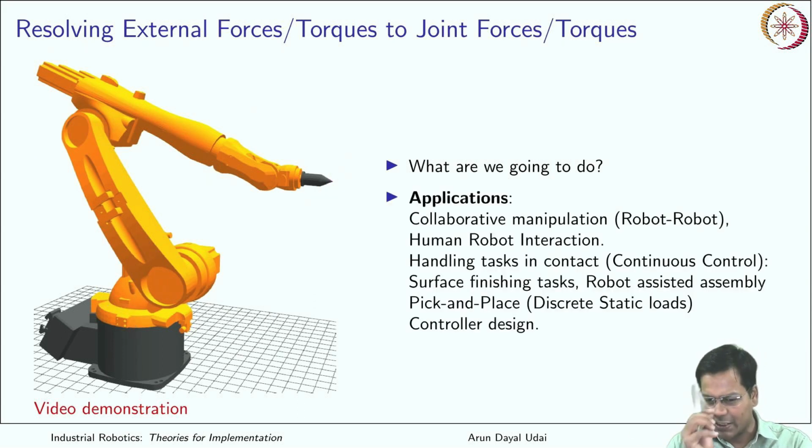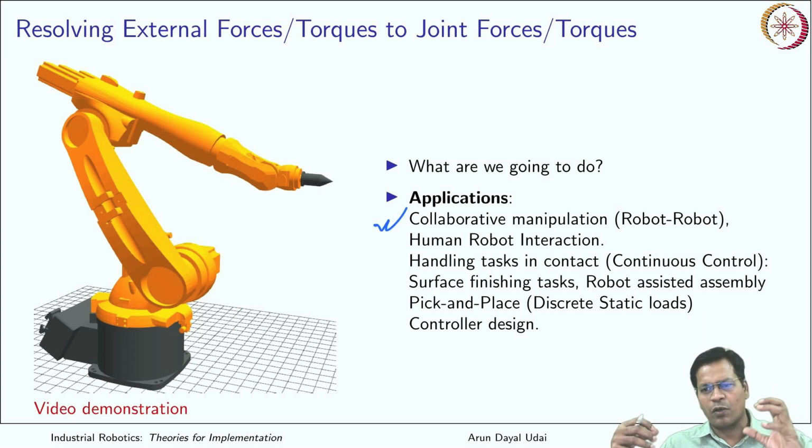So what are the applications? Let's say collaborative manipulation. When one of the robots is holding something, another robot is trying to maneuver it. It may be a master-slave kind of robot. The robot which is master will move in position control mode, whereas the other one which is holding it has to feel the forces that come at its end.